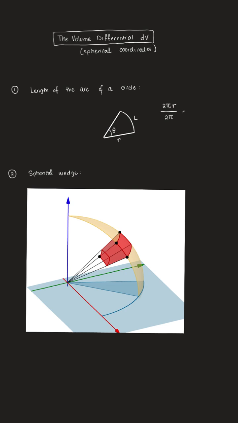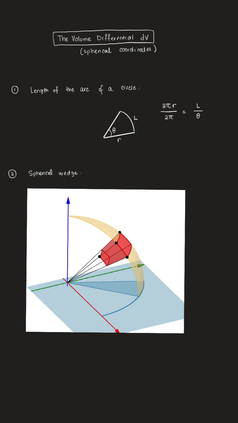And that has to be in proportion as the length of our wedge, which I'm going to call L, and our angle theta. So I just have a proportion here that tells me that the ratio from the full circle circumference to the full circle's angle has to be the same as the length of our sector, our wedge, divided by the angle of our little wedge, right?